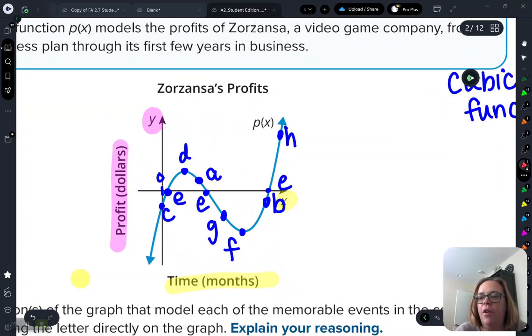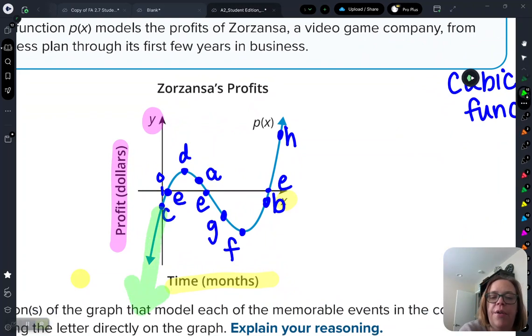The end behavior of the function is going to go down, down, down in negative time, before the company even existed, which makes no sense. And we know, even though the profits are rising, are they going to rise forever? Unlikely. So there's some mathematical things that are happening here that don't really tie into the real situation, but a lot of it does. So your answer could be both ways.